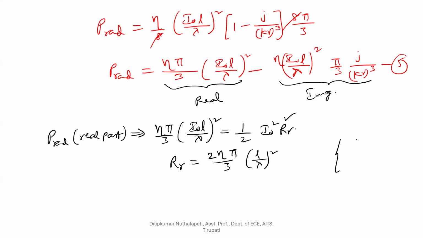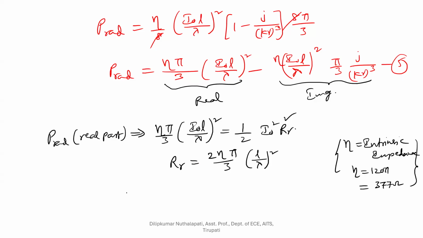From the basic concepts of wave propagation, η is the intrinsic impedance and its value is 120π. In terms of numerical value, it is 377 ohms.